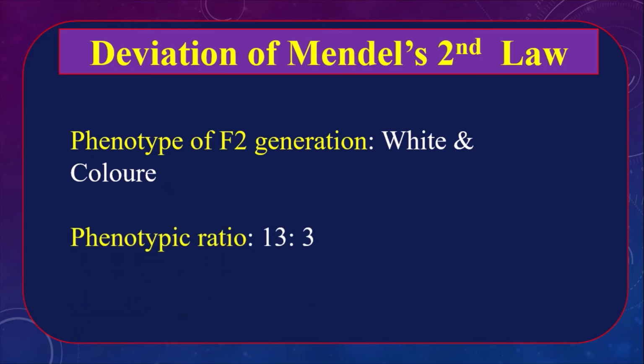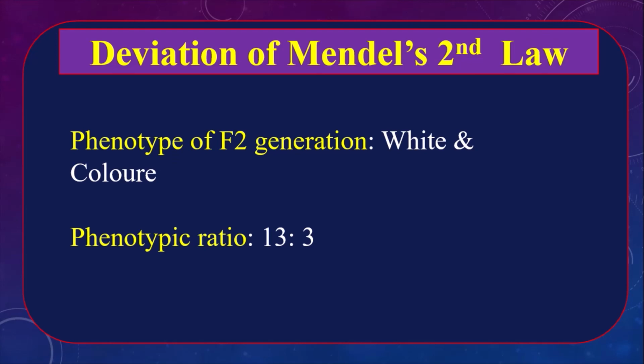Phenotypic ratio will be 13:3, but we know the phenotypic ratio of Mendel's second law will be 9:3:3:1. Here it is different; this is the deviation. Follow here: from the checkerboard we can see that capital I inhibited the expression of gene capital C, so feathers became white.